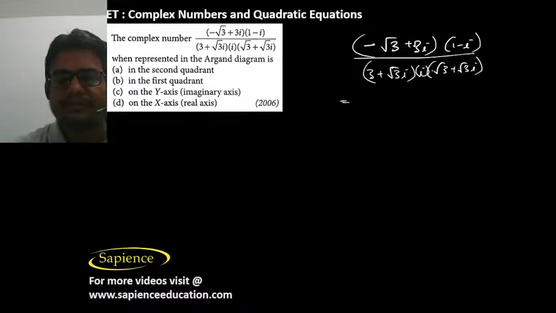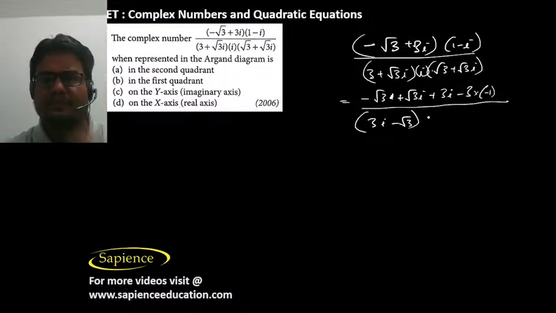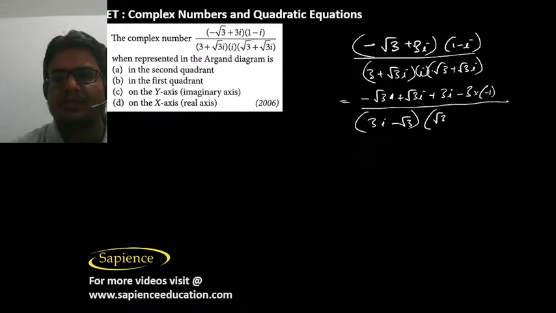So this will be minus root 3 plus root 3i plus 3i minus 3i square, so this is minus 3 into minus 1, divided by 3i minus root 3 into root 3 plus root 3i.